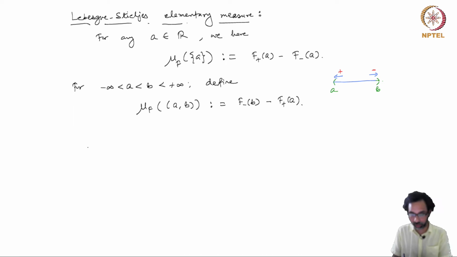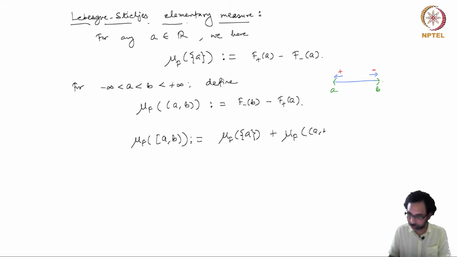And now we can deduce for any other interval which contains the endpoints just simply by adding the value of the singleton set. So mu f of [a, b) is equal to mu f of a plus, again by definition, mu f of (a, b), and this is f plus a minus f minus a plus f minus b minus f plus a.